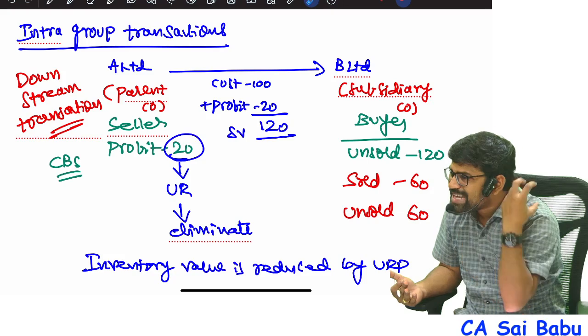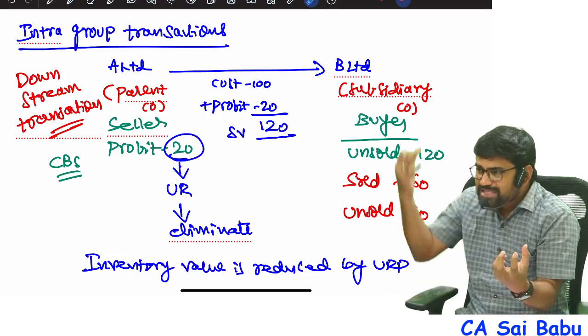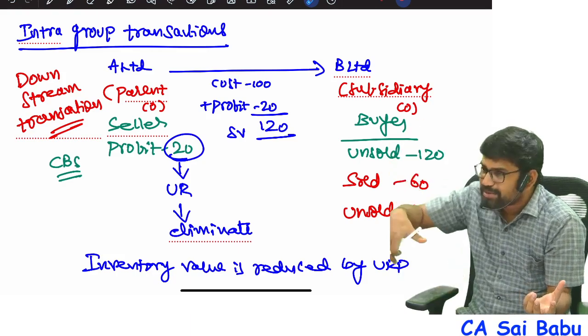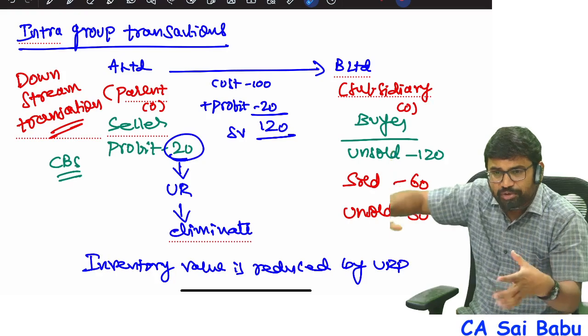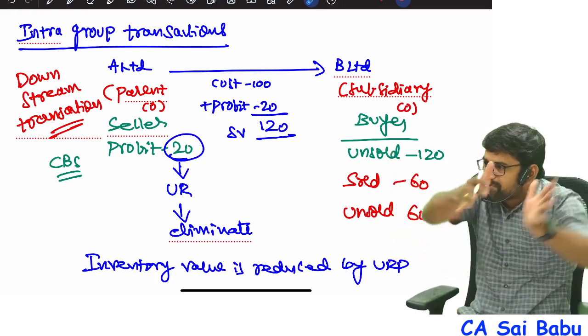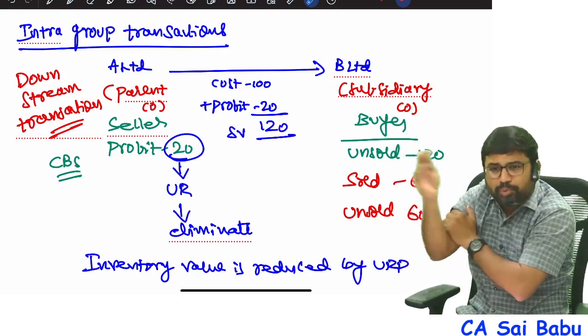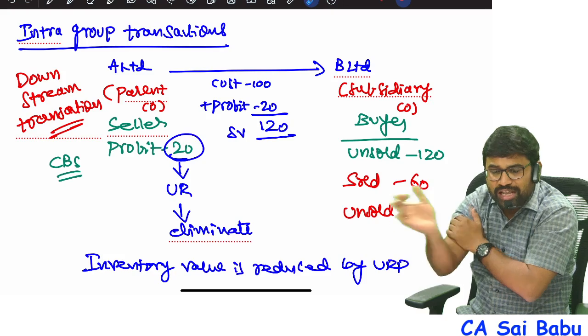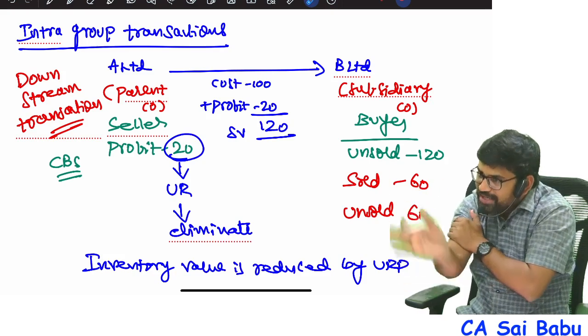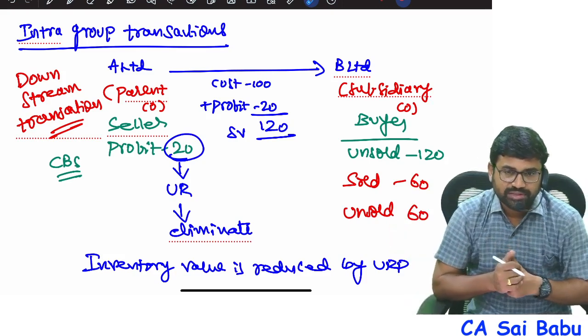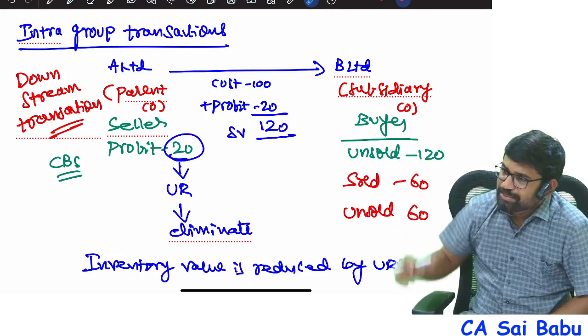Entire profits, 100% profit. When subsidiary sold goods to parent, it's an upstream transaction. In this upstream transaction, the subsidiary company profits will be eliminated from the parent as well as minority interest. Because in step number 3, the subsidiary company profits are analyzed and apportioned between parent and minority interest, right? So therefore we need to reduce from both the parties in step number 8 as well as step number 5.